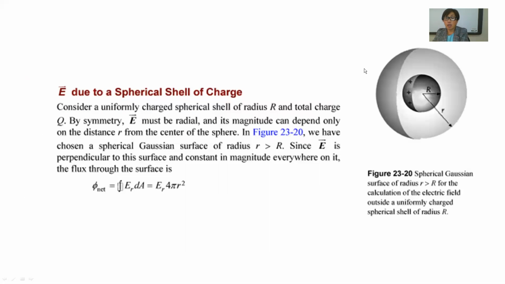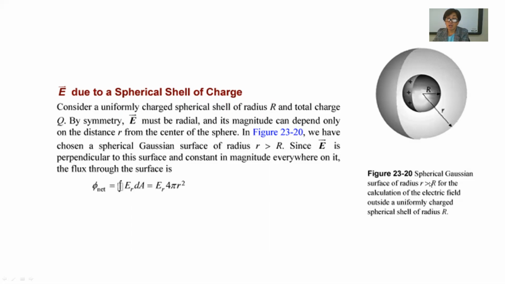And now the electrical field due to a spherical shell of charge. We know the flux through the surface is the electrical field on the spherical surface times the area 4πr square, the area of the closed sphere.